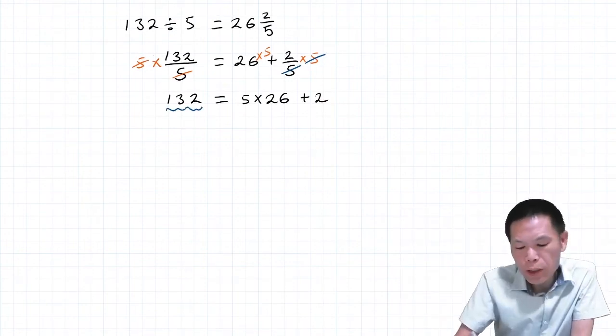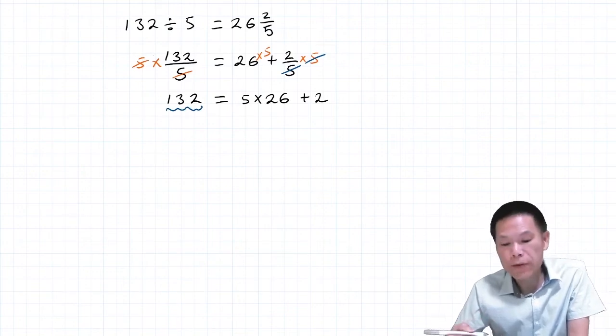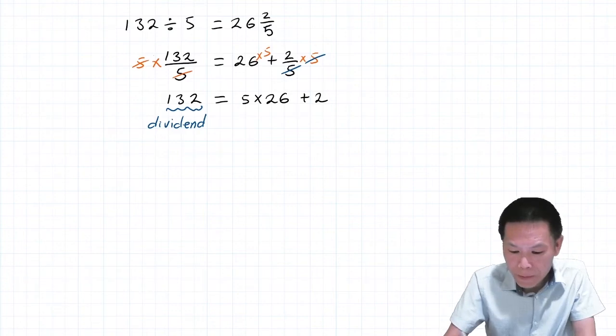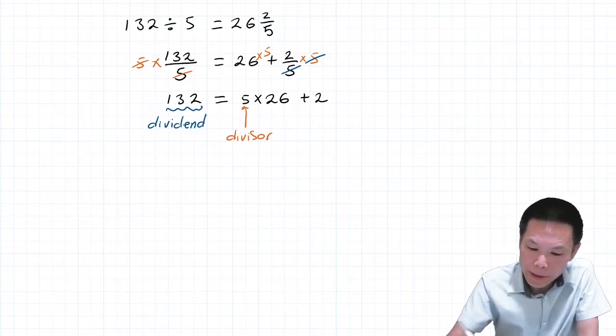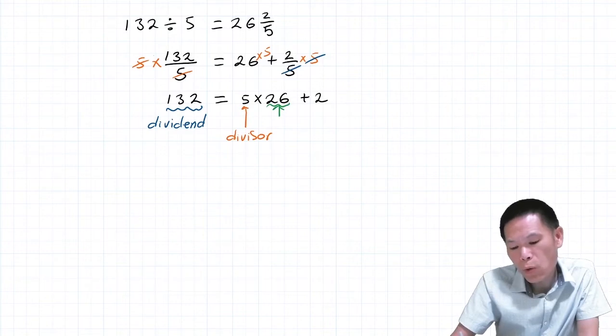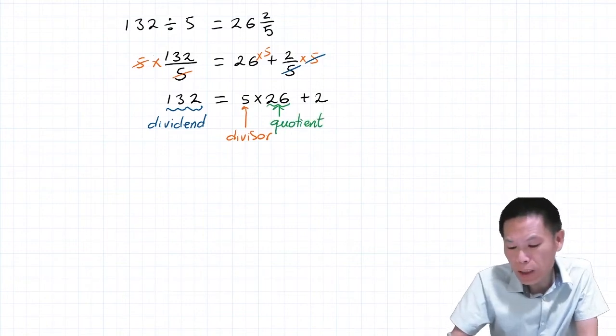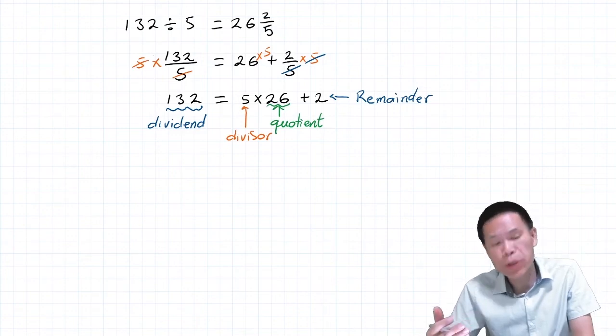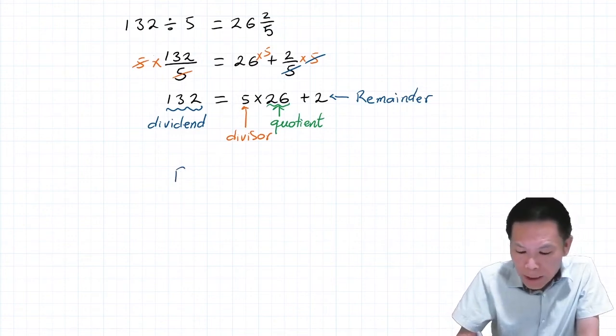So 132 is what we call the dividend. And this 5 here we call the divisor. And 26 is called the quotient. And the last one, 2 here, is called the remainder. So therefore, in polynomials, we can express it like this.